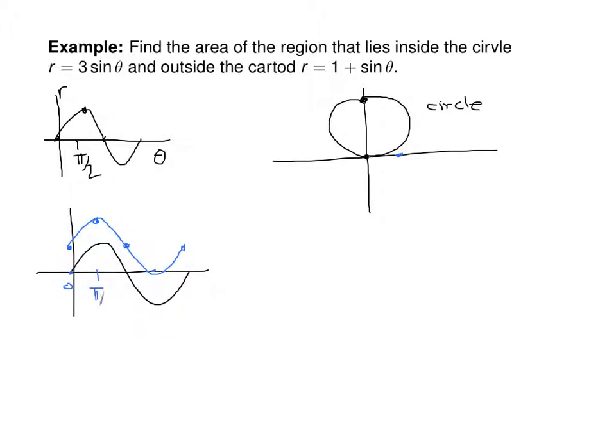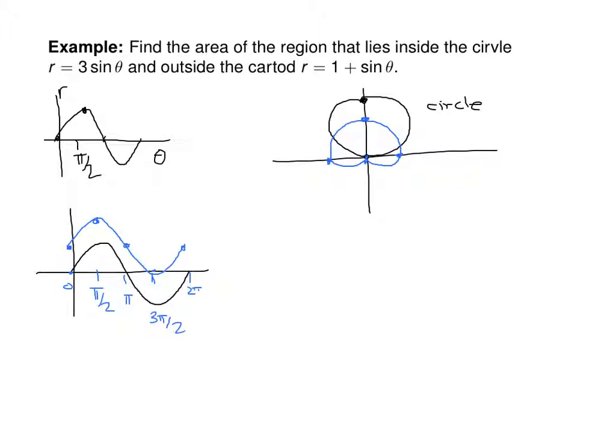By pi over 2, the radius is up at 2. By pi, the radius is back at 1. And between pi and 3 pi over 2, the radii decrease until they're nothing. And then on to 2 pi, they increase back to 1. So it looks something like this. That little bitty part, the radii decrease, increase.